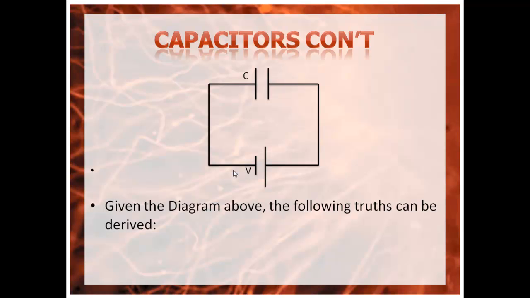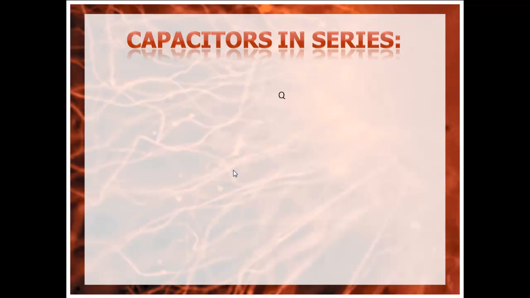Given the diagram above, we can find the following truths. The charge of the system is equal to the capacitance times the voltage, and therefore the voltage equals the charge of the system divided by the capacitance.